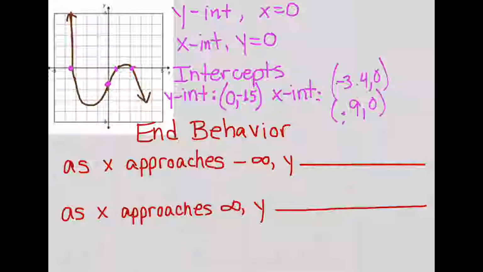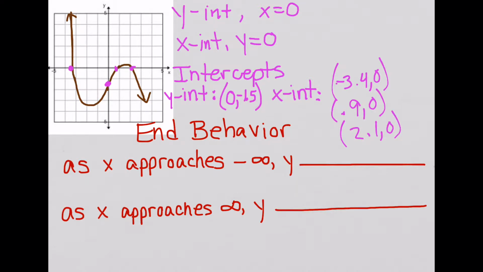And then we had another one, that one might be like 2.1, 0. So those purplish dots, magenta dots, those are the x-intercepts, and then the one on the y-axis is the y-intercept. So those should be pretty simple for you to find. The only tricky part is remembering to write it as a point with parentheses and a comma and an x and a y.